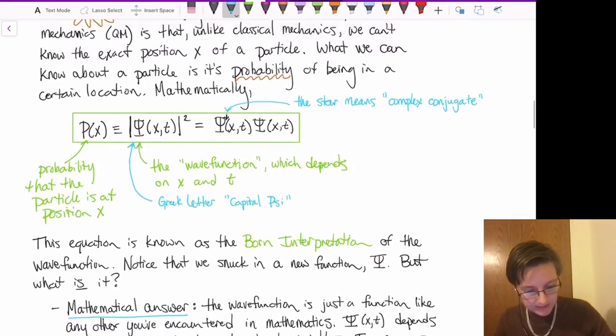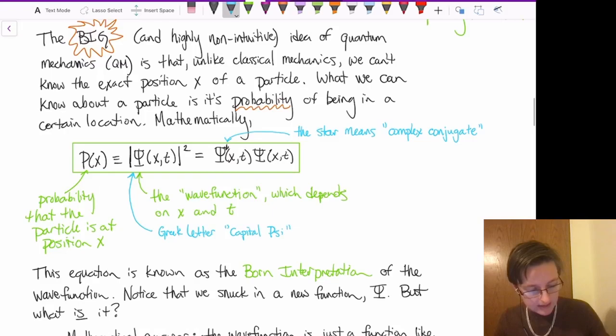My mathematical notation here says that P of x, the probability that this particle is at position x, is related to something called the wave function squared. And so in terms of my notation here, notice that one, I'm using the capital Greek letter psi in order to discuss this. So here's my capital Greek letter psi.